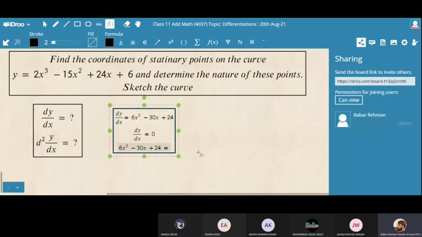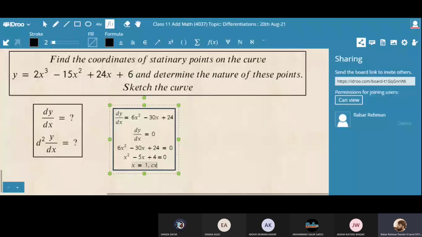Now, how can we find the values of x from here? If I take 6 common, what will be left? x squared minus 5x plus 4, equal to 0. What two values have you found? x is equal to 1 and x is equal to 4.